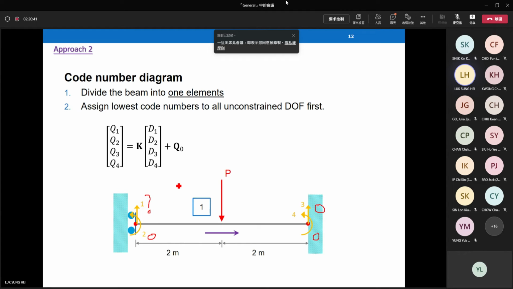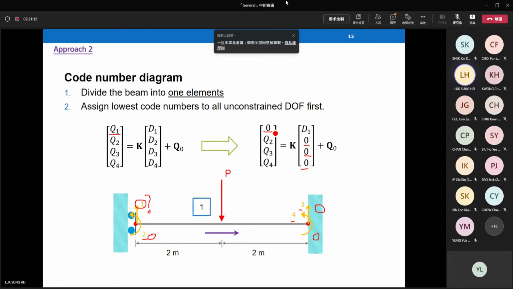So we have only one unknown displacement, D1. D2, D3, D4 are 0. Q1 is the applied force along direction 1, but there is no force along direction 1, so it is also 0.